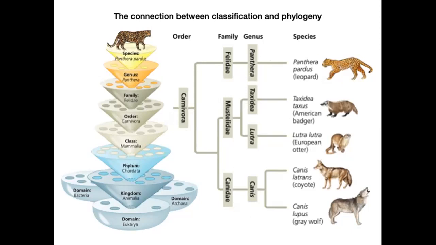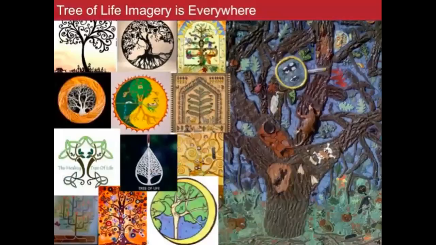That's all it is saying. Okay? These branching patterns would often match how taxonomists have classified groups of organisms that are nested within these more inclusive groups. And in nature, this tree of life imagery is everywhere. There are really different depictions of the tree of life.